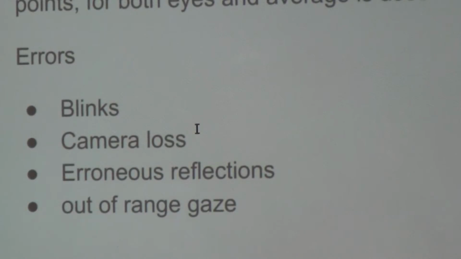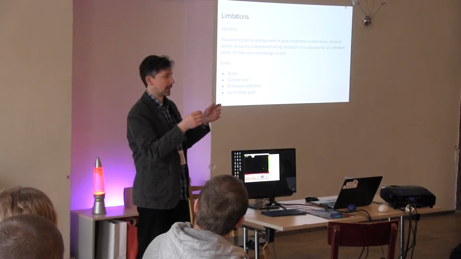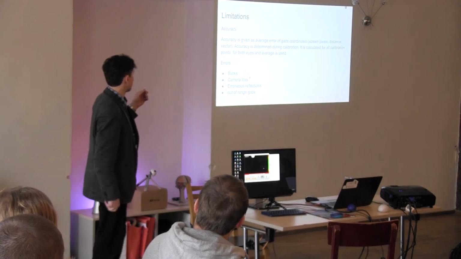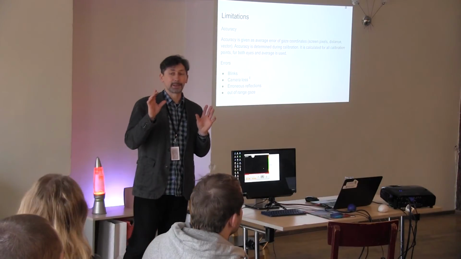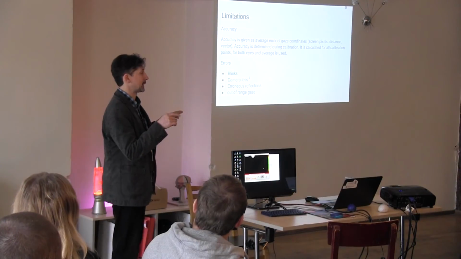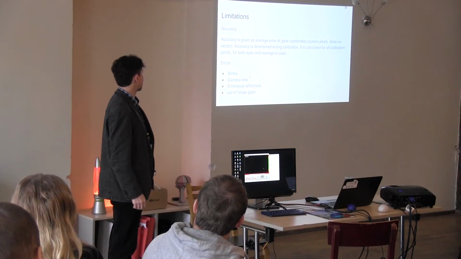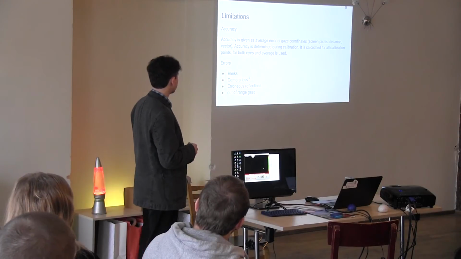For example, the camera looks this way, and if you move too much to the side, you will go out of the camera. Then, if the participant wears glasses, the glasses give reflections similar to the surface of the eyeball, and in this case, there will be errors while doing the eye tracking.